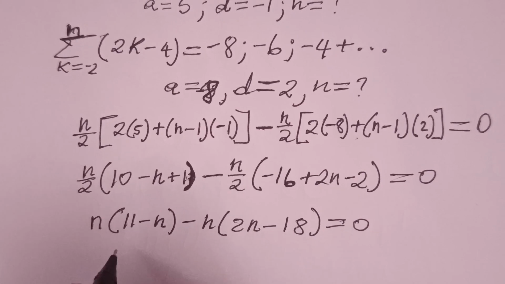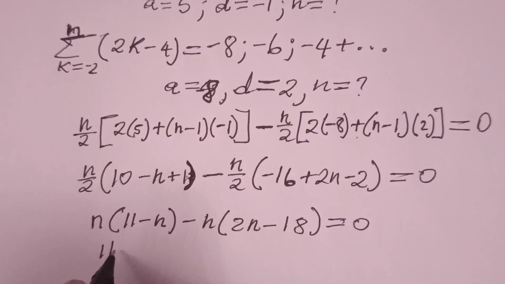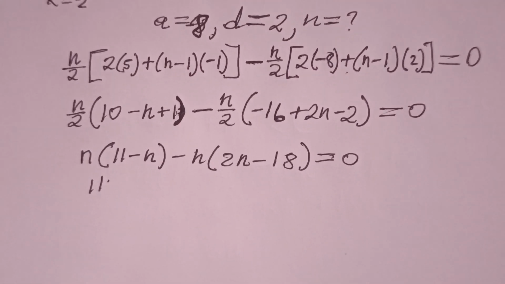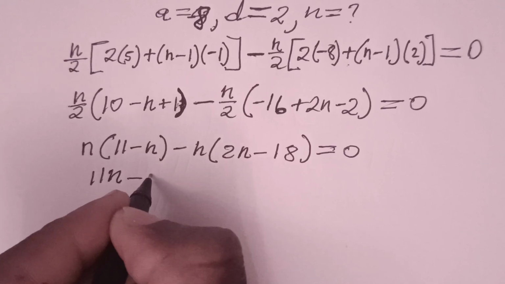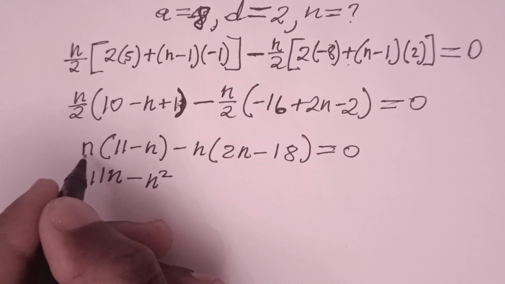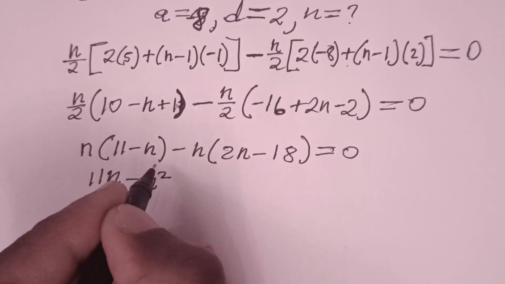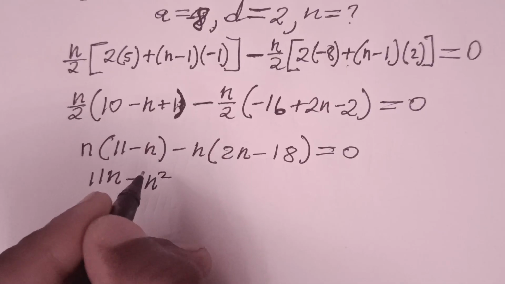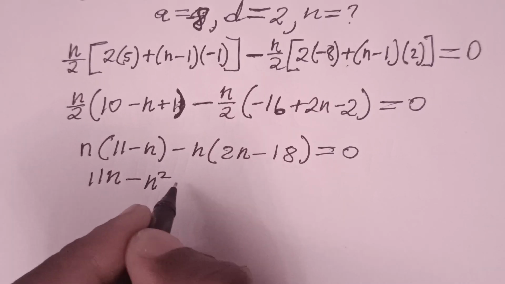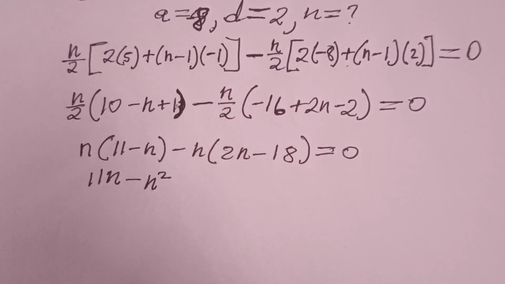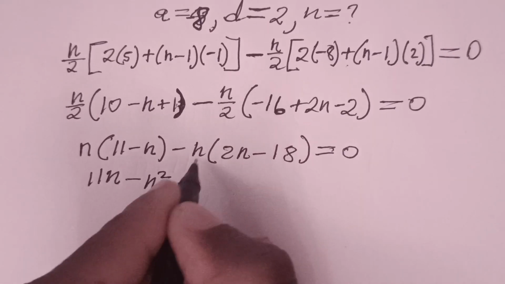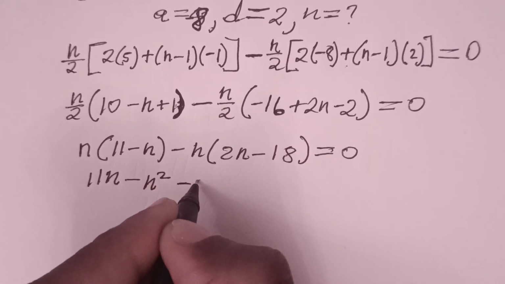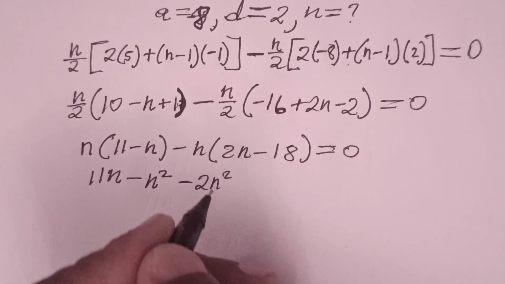In this particular instance, you have 11n minus n squared, because you distribute that. This is grade 12 mathematics. Actually, it's algebra from earlier, the distribution method. Minus that times that will give us a minus 2n squared.